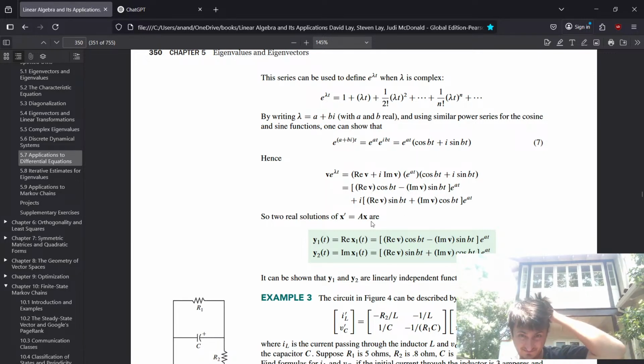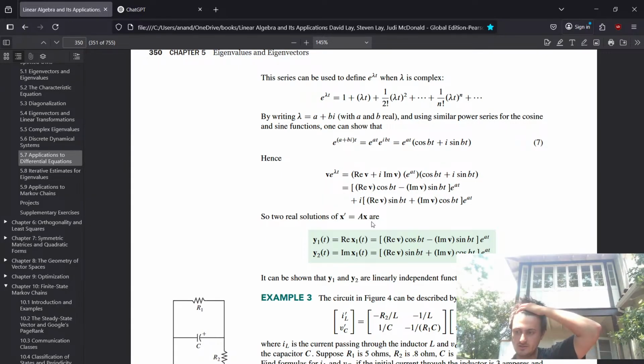And you get y1 of t is equal to the real part of x1 of t, which is equal to real of v cos bt, oh, minus the imaginary part of v sine bt, times e to the at.